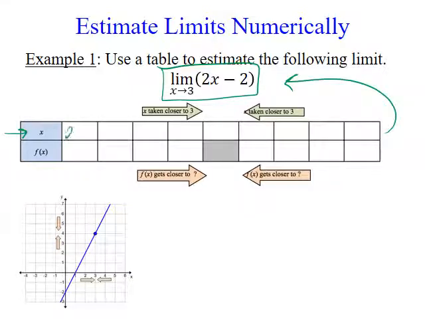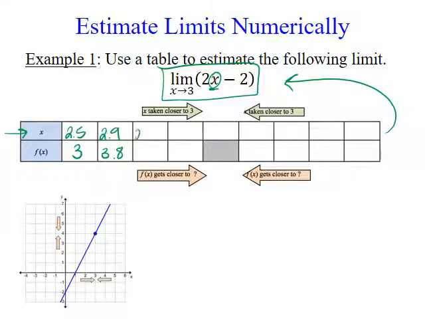Maybe we start off with 2.5. If we plug it in anywhere you see an x, we end up getting a y value of 3. Well, I want this x value to get closer to 3, so let's plug in, say, 2.9. If I plug 2.9 in for x, I get a y value of 3.8.